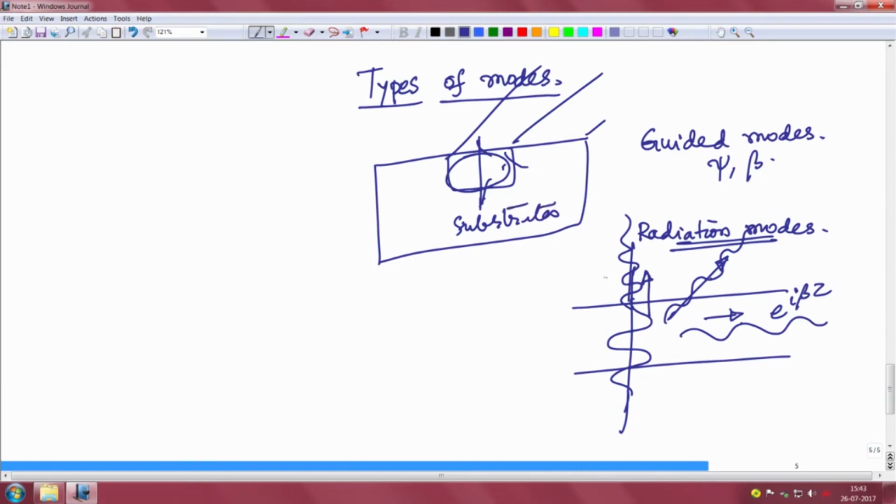If there is an additional cladding layer, the light could be confined to cladding regions, and this can be called cladding modes and so on and so forth. Finally, we would like to do a simple exercise to relate the vector modes with the scalar modes.